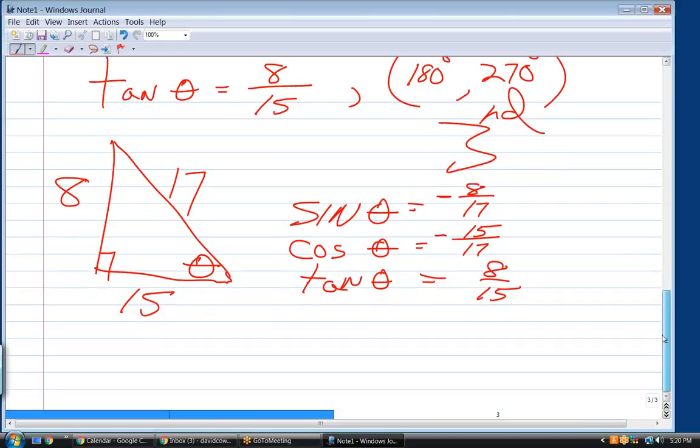Now all we have to do is remember what sine of 2 theta is. And I'm going to give you a suggestion here. When you're trying to memorize these, do not have it on a piece of paper in front of you, because all you will do is look at that piece of paper and read it. Doesn't help memorizing it. What helps memorizing it is to treat it like a flashcard.